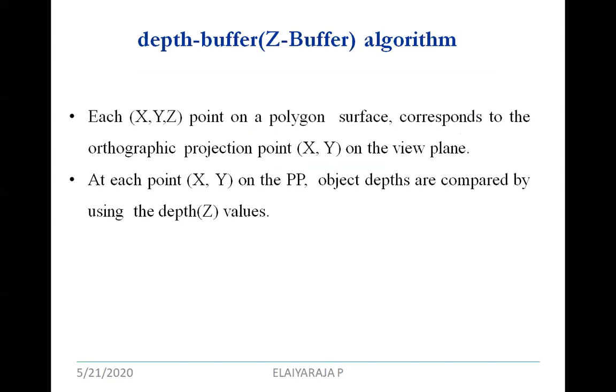Okay. Here, as I said, this Z buffer algorithm is processed the same way as the scanline polygon fill algorithm. In the scanline polygon fill algorithm, what is the method we processed for the given particular image?